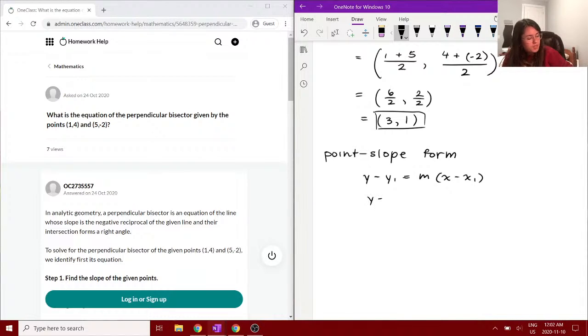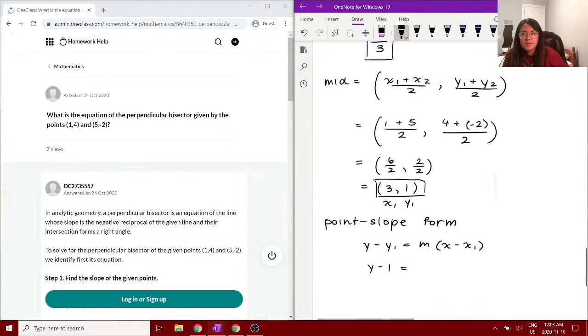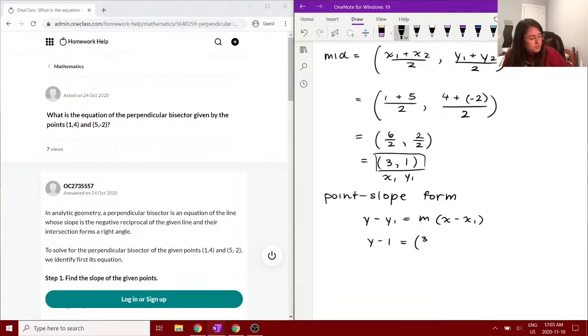So we can sub in y1, which is 1. Sub in m, found up above, which is 2 over 3, times x minus x1, which was found to be 3.